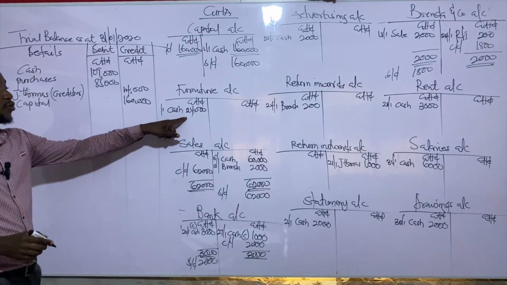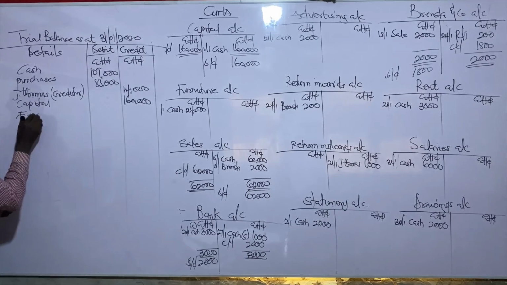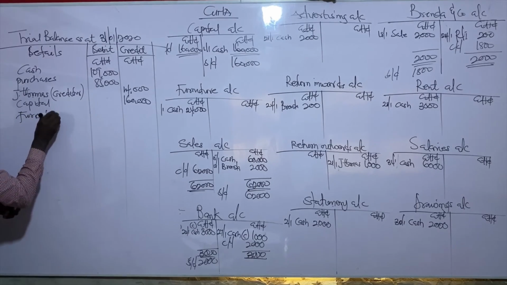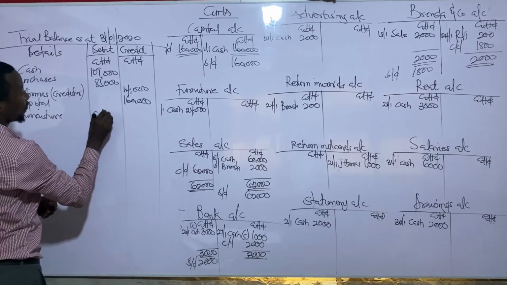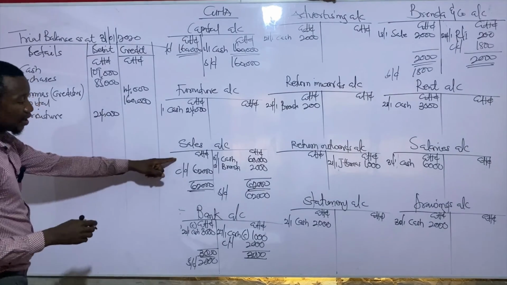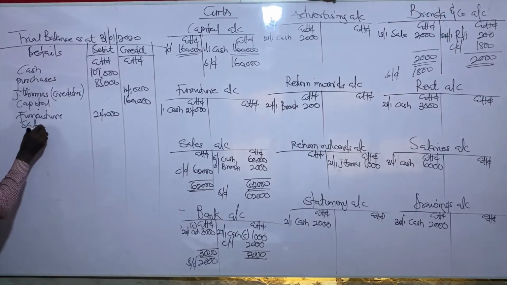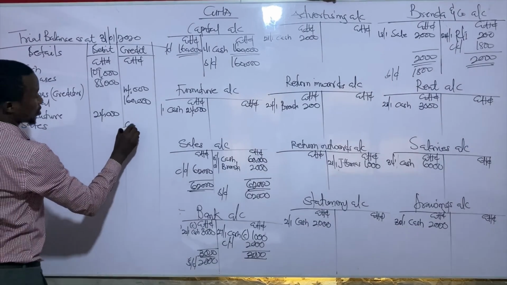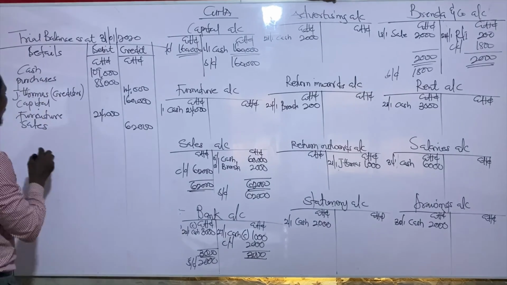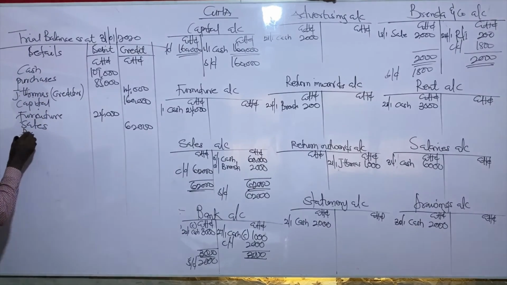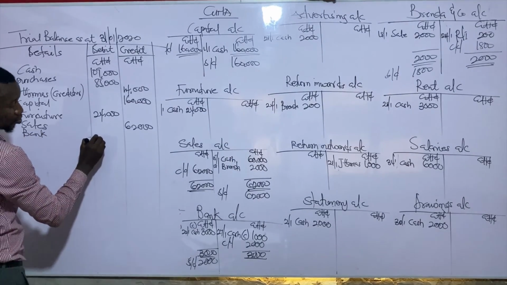We have furniture, which will be a debit balance of 24,000. We have sales, a credit balance of 62,000. We have bank, a debit balance of 2,000.